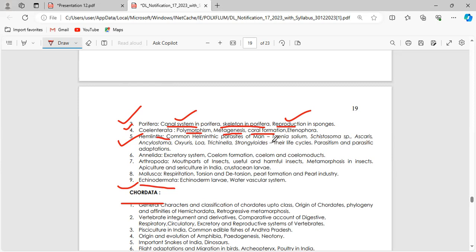They have given some of the pathogens which give diseases to humans, like Taenia solium, Schistosoma species, Ascaris, Ancylostoma, Wuchereria, Loa loa, Trichinella, Strongyloides. Whatever pathogen they have given, we are going to focus mainly on the common name of the pathogen.